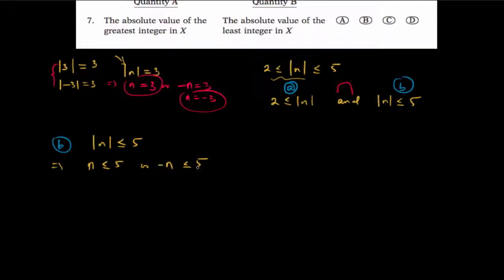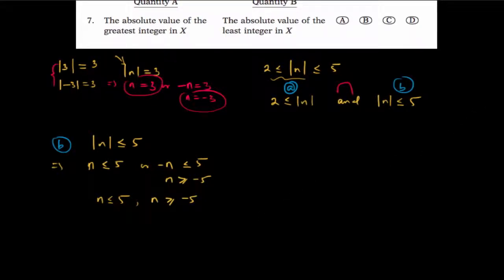So if the negation of n is less than or equal to 5, to remove the negative sign I'm going to multiply both sides by negative 1. Anytime you multiply both sides of an inequality by a negative number, the sign of the inequality changes. So this changes to n greater than or equal to negative 5. So the solution is going to be n less than or equal to 5 and n greater than or equal to negative 5.